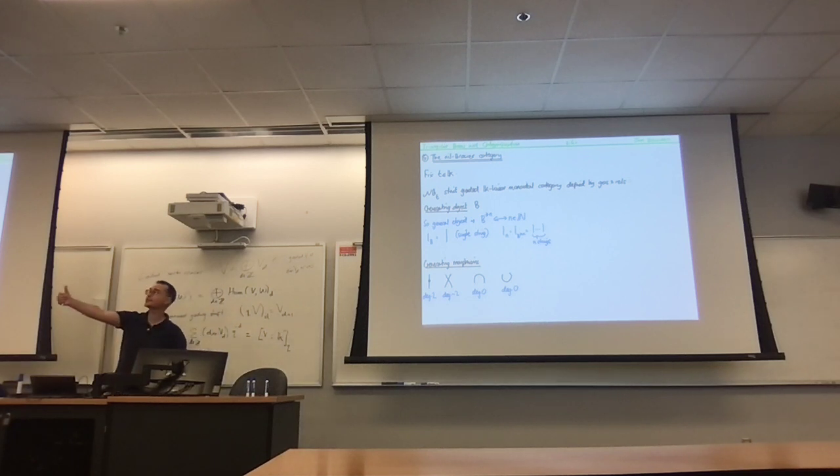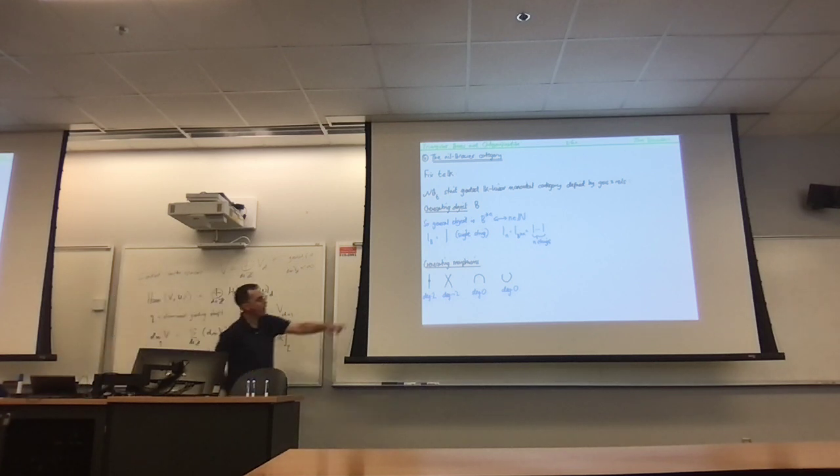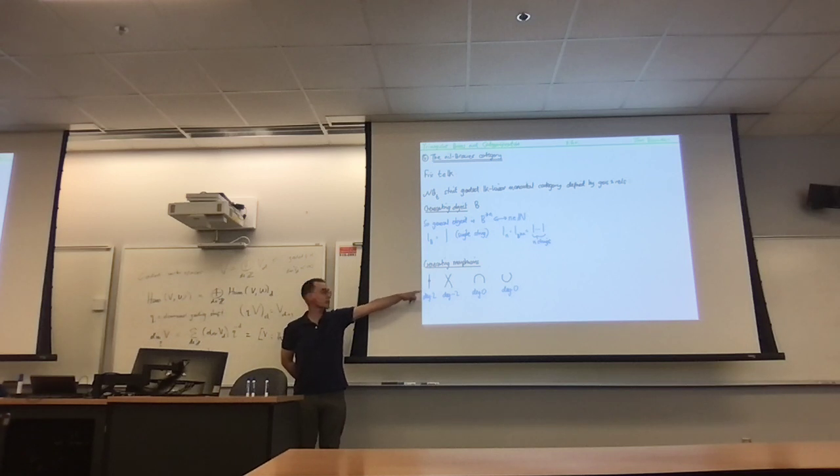Okay, so one generating object B, and then there are 4 generating morphisms. You can see them down there at the bottom. One is denoted by a dot on the string, so that would be a morphism from B to B. I start writing at the bottom of the page, so that's how it goes. So this goes from B to B. The dot is in degree 2.